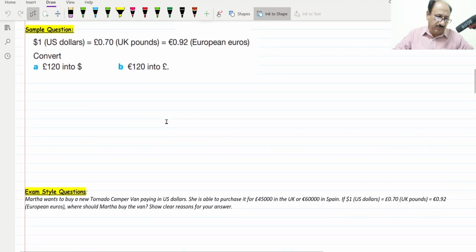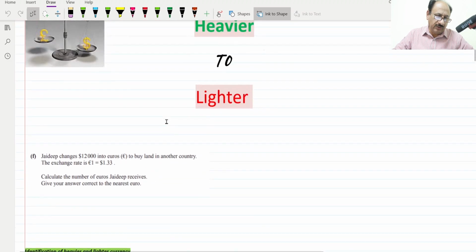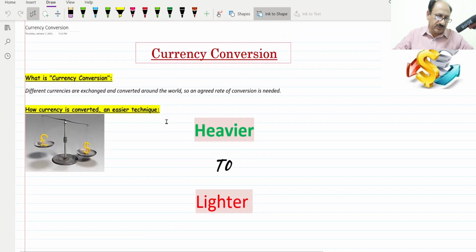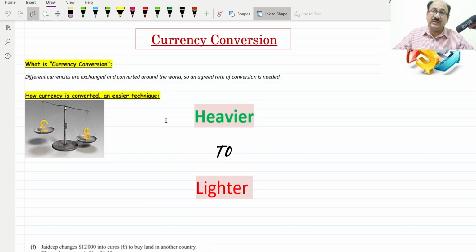Now, starting from the definition, you should understand what currency conversion is. Different currencies are exchanged and converted around the world.